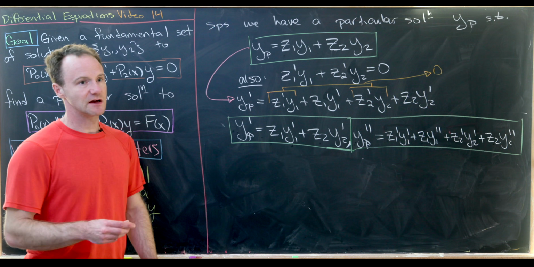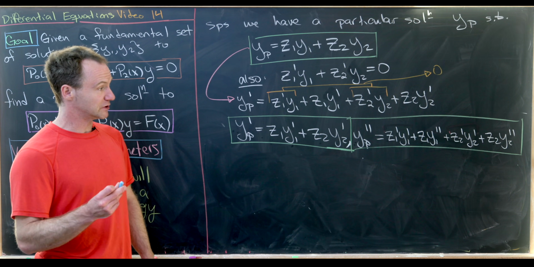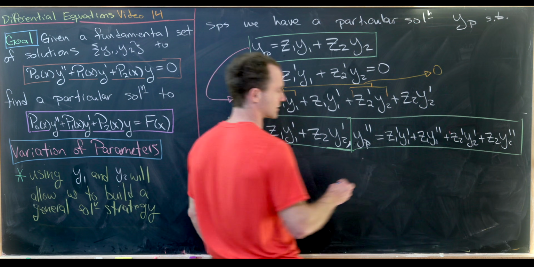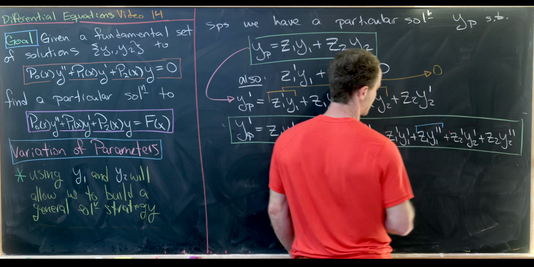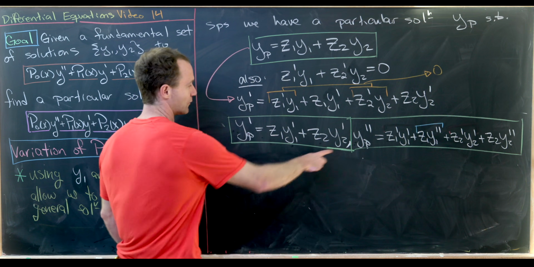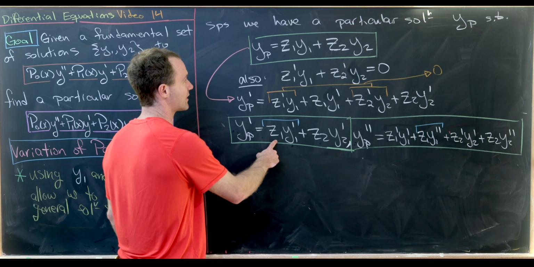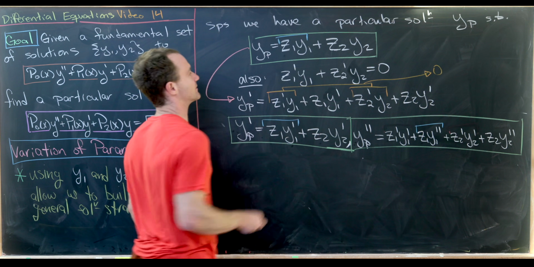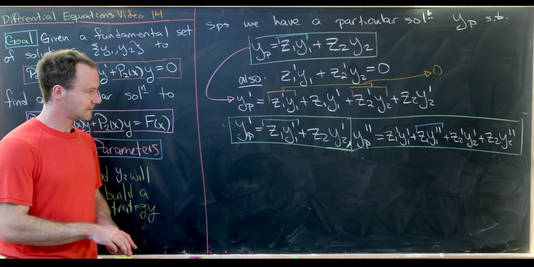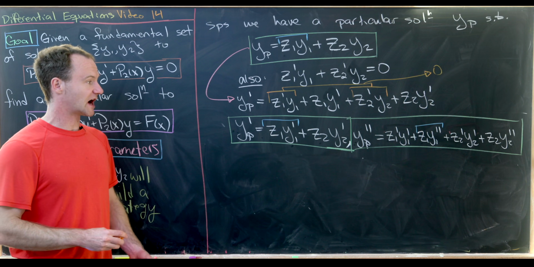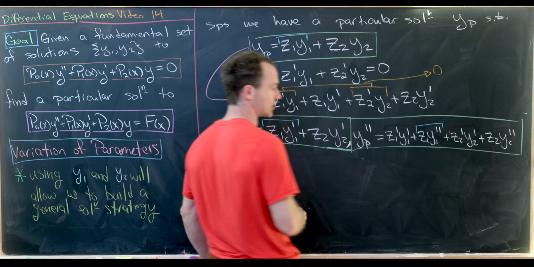So let's maybe overline in blue z1 terms. So that'll be like this one right here. So there's my z1 term from yp double prime. I have a z1 term here from yp prime, and then a z1 term here from yp. And then maybe in orange, I'll overline my z2 terms.